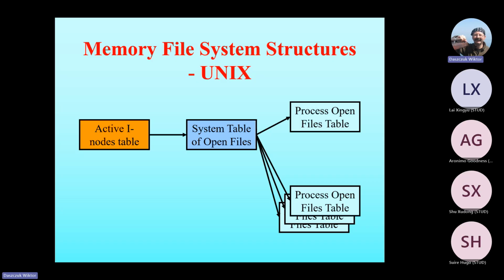And on floppy disk, we have the same structure of superblock, inode table, and data. So we have the same structure of directories. For example, A, B, C, and root.